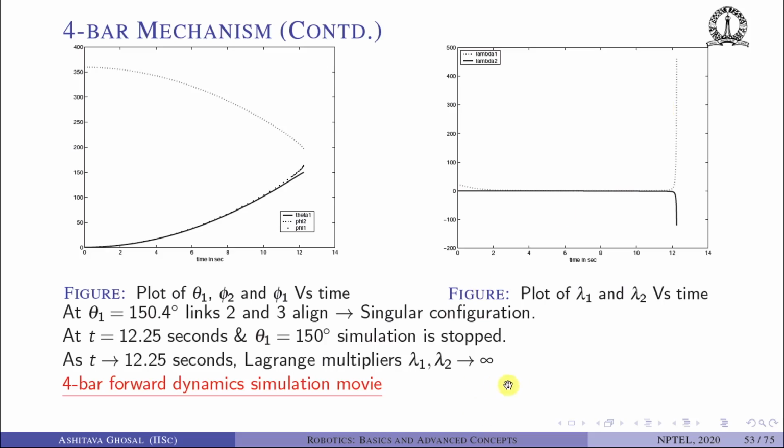If the Lagrange multipliers are going off to infinity, there is nothing much we can do. It turns out that around 12.25 seconds is when link 2 and link 3 become aligned and it locks. Later on I will show you this 4-bar forward dynamics simulation movie.